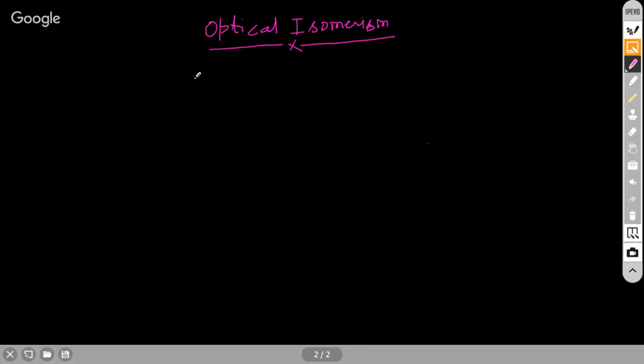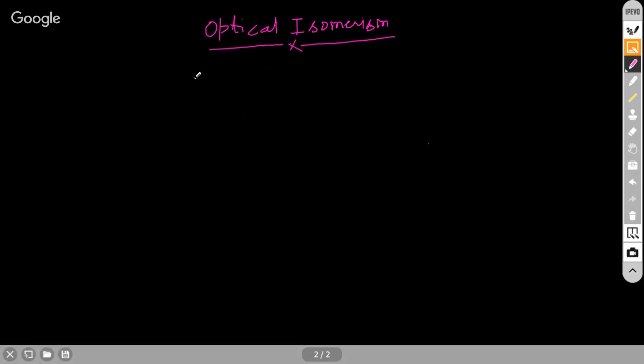All those molecules which can rotate the plane polarized light in any direction, we call optically active compounds. When there is no deflection, no rotation, the molecule is said to be optically inactive.